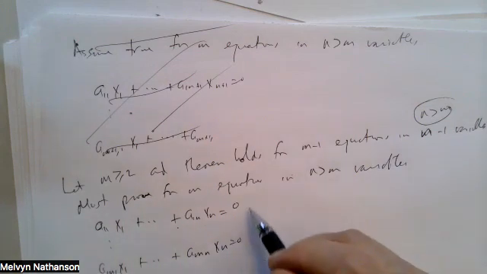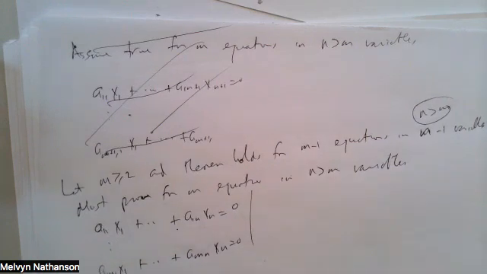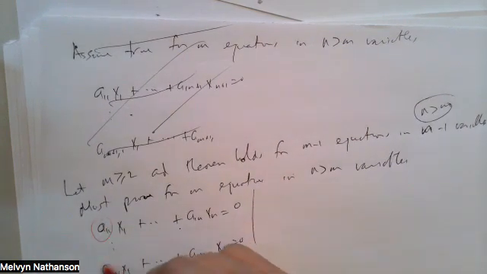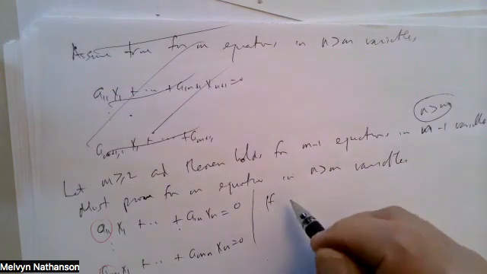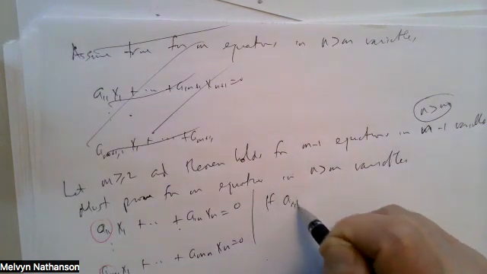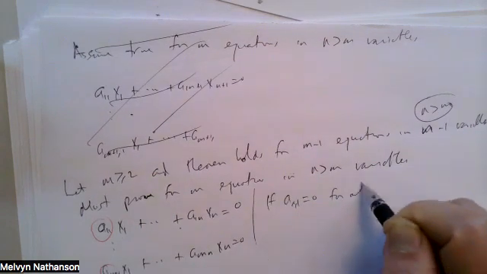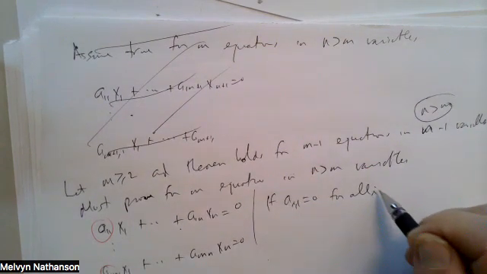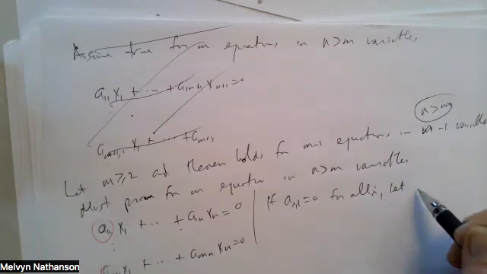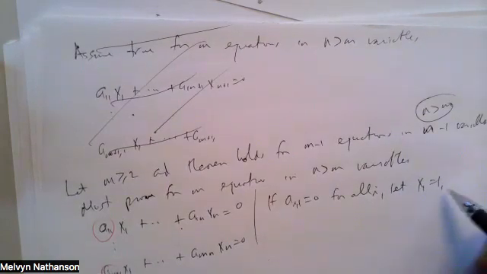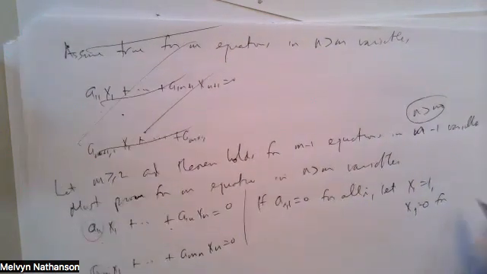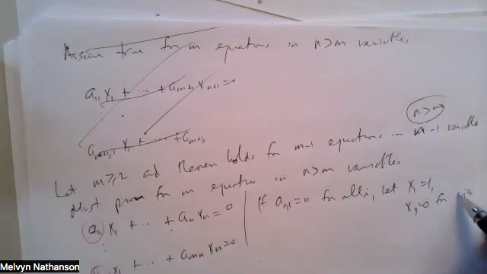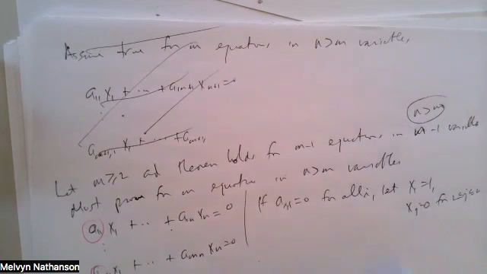And we can make the following observation. First of all, look at all the coefficients of the x1s. If all of those are 0, if ai1 equals 0 for all i, then we just have to let x1 equal 1 and xj equal 0 for all the other variables, j goes from 2 up to n.